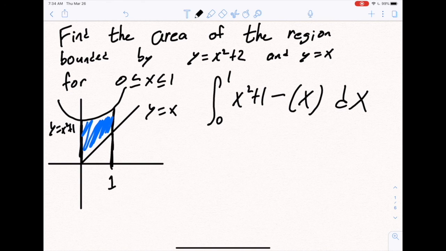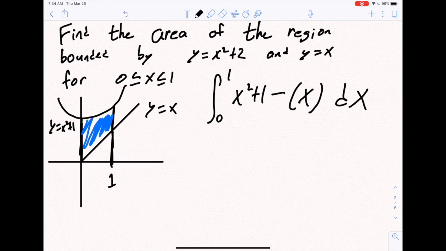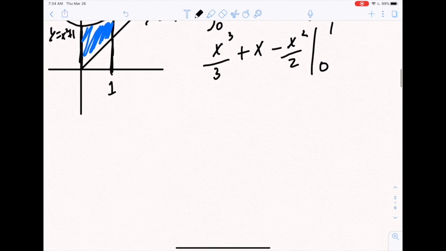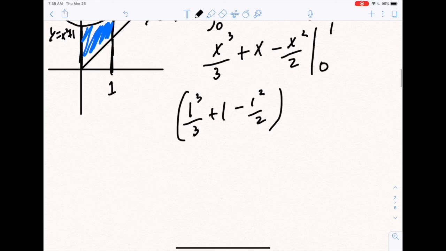And now we calculate. The integral from 0 to 1 of x squared plus 1 minus x is x cubed over 3 plus x minus x squared over 2, evaluated from 0 to 1. And that works out to be 1 cubed over 3 plus 1 minus 1 squared over 2 minus 0 plus 0 minus 0.